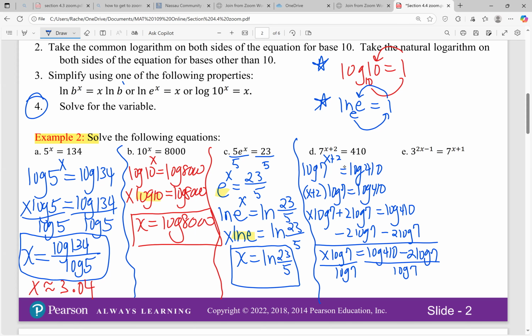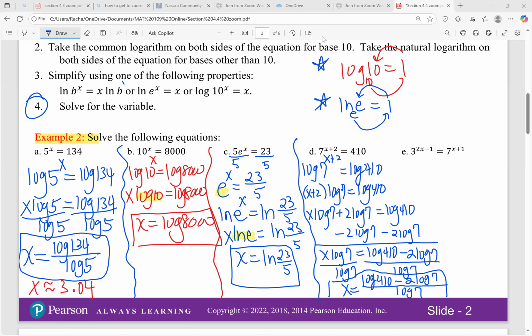Now I'm just going to have x on the left-hand side, and that's going to be equal to the log of 410 minus 2 times the log of 7, divided by the log of 7. And that would be my exact answer. And you could check your answer in the calculator.